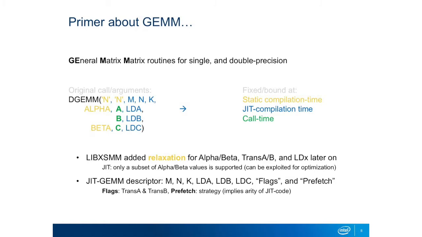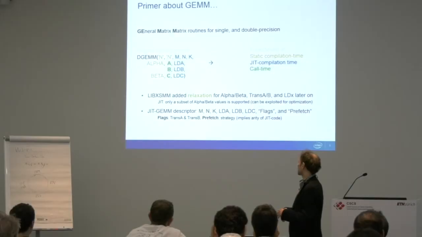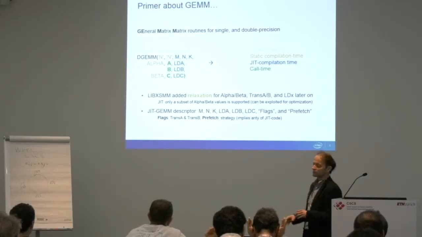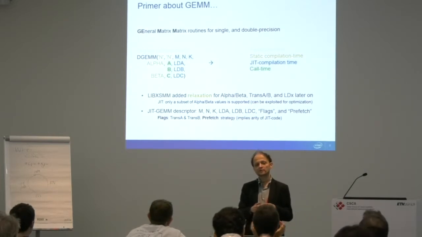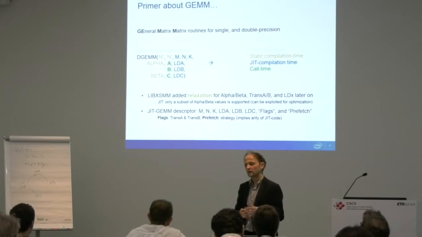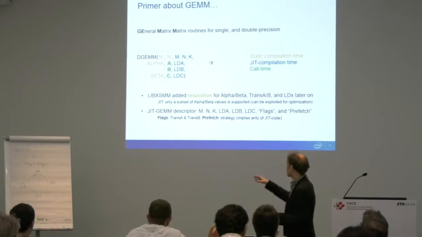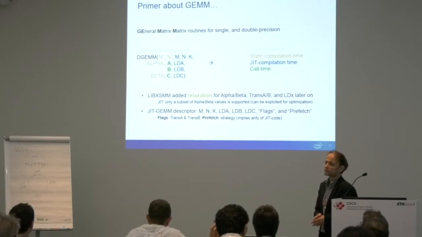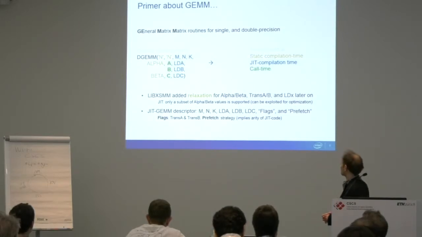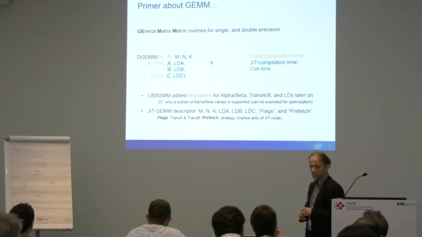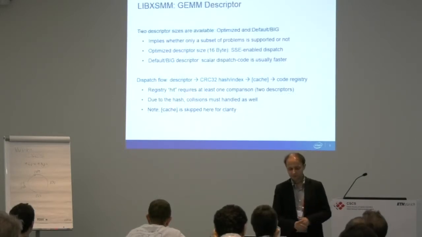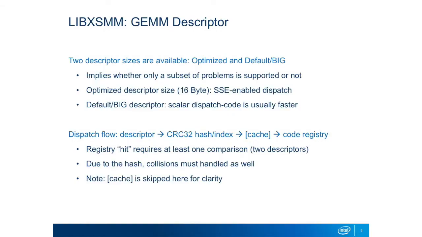Now these yellow parts just serve as defaults if not specified. So we kept our legacy to some extent, but the blue part in general is the parameters that we take into account when we decide to generate a matrix kernel. And all these parameters impact the code version in essence. What we do is we have a GEM descriptor that collects all these yellow and blue parameters into a structure.